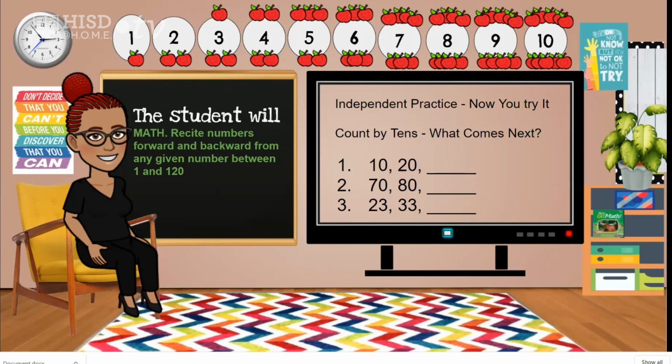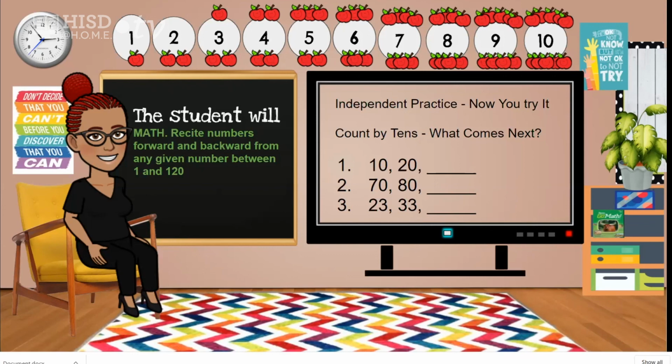So my first graders, you're going to write down the problem and then fill in the blank with the number that comes next. My second graders, you're going to write down the problem and then use place value blocks to draw an illustration to show what's going to come next.